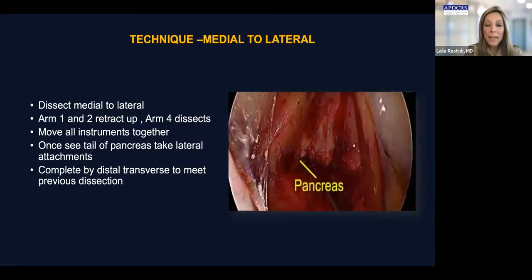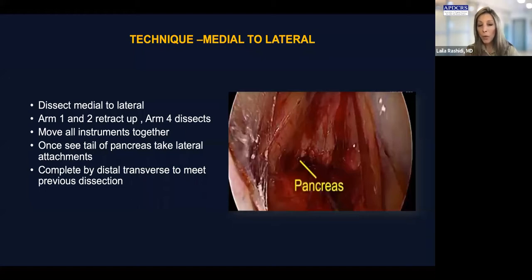So the next technique is medial to lateral, right? In the medial to lateral, your arm number 1 and 2, which are your non-dominant arm, helps to retract the colon upwards, and your arm 4 is doing the dissection. One of your non-dominant and dominant arms are working constantly together, and the other non-dominant is holding the colon upwards.